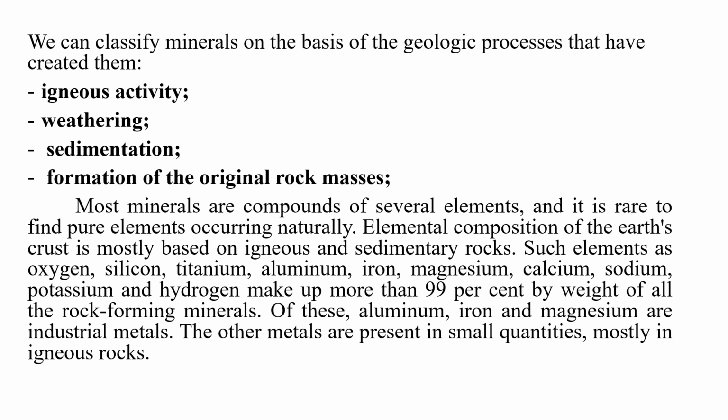Such elements as oxygen, silicon, titanium, aluminum, iron, magnesium, calcium, sodium, potassium, and hydrogen make up more than 99% by weight of all the rock-forming minerals. Of these, aluminum, iron, and magnesium are industrial metals. The other metals are present in small quantities, mostly in igneous rocks.